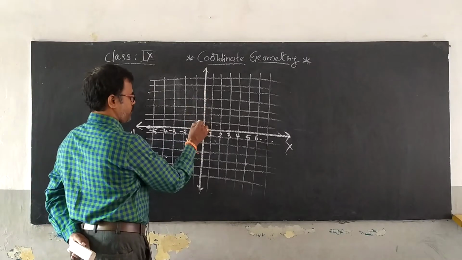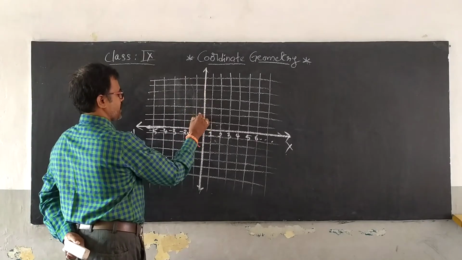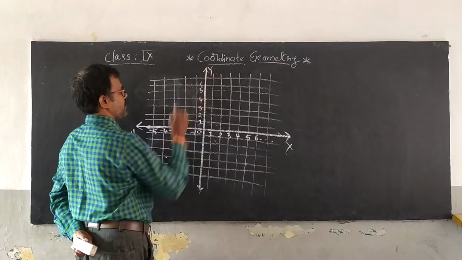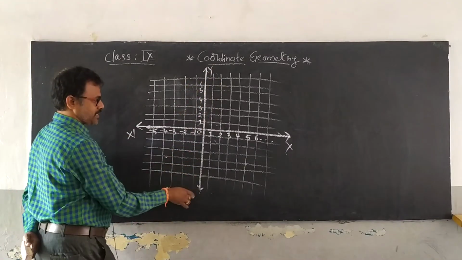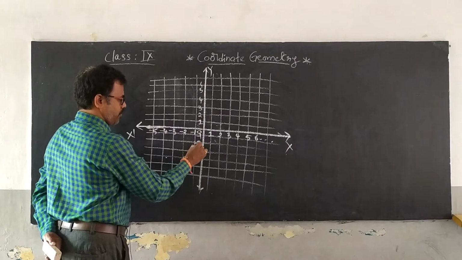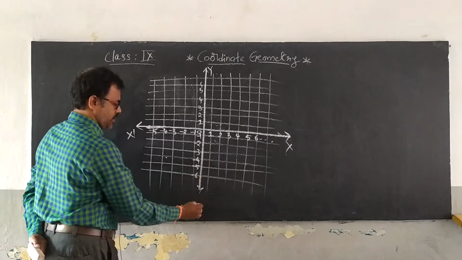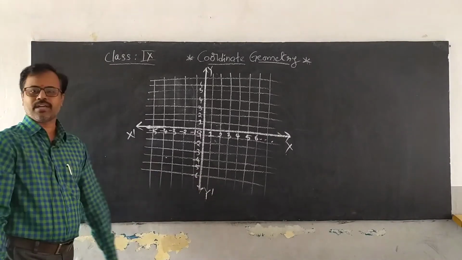Positives above the x-axis, 1 to 6, are positive y, and below the x-axis, -1 to -6, are negative y.